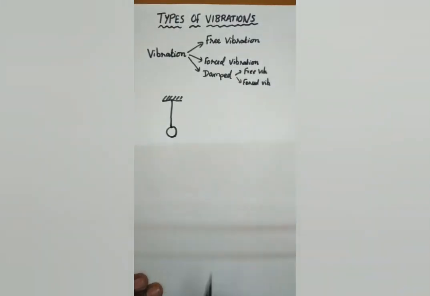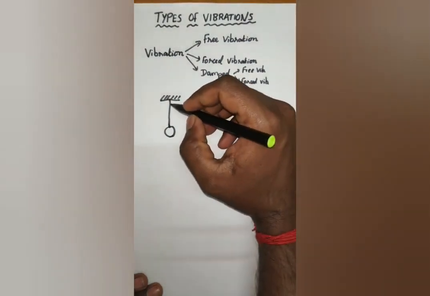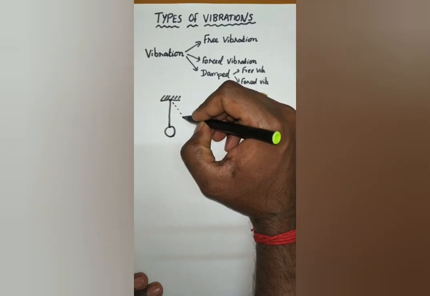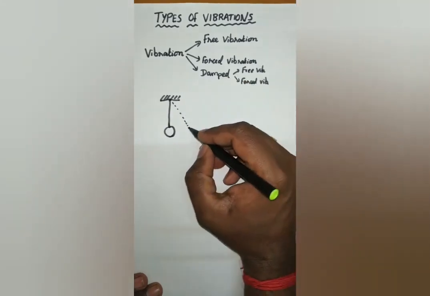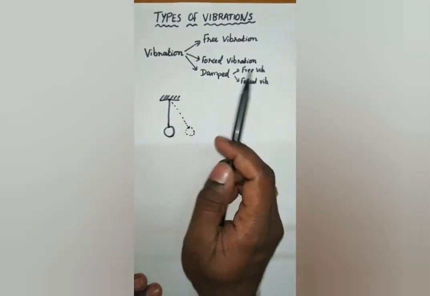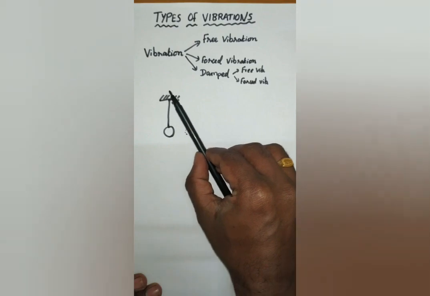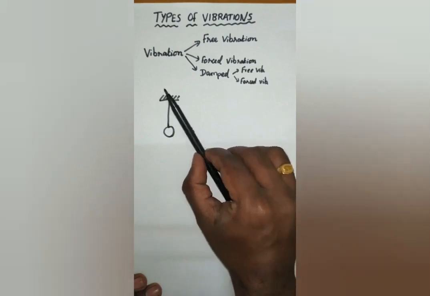It's not like I'm applying a force. I'm going to apply an initial displacement, in the sense I'll be pulling this pendulum to a new position. I'm just pulling this pendulum from this position to this position, and I'm just going to leave that pendulum.